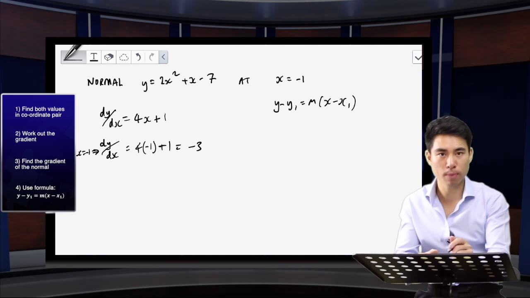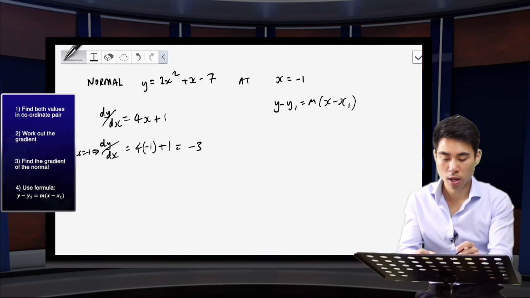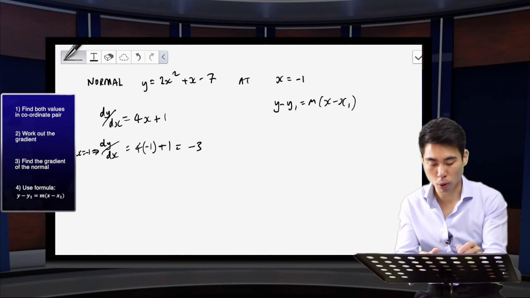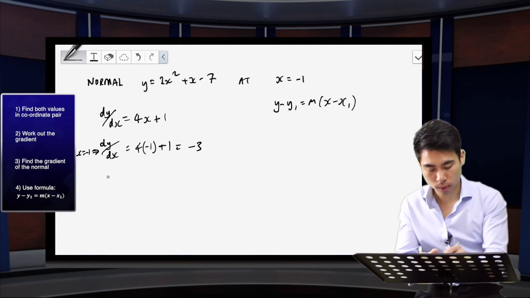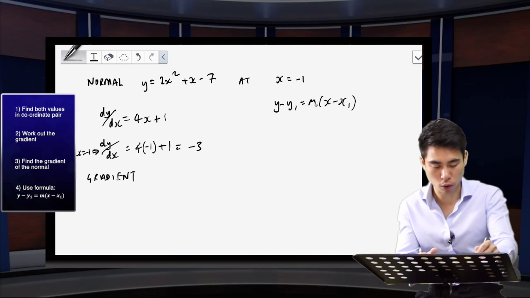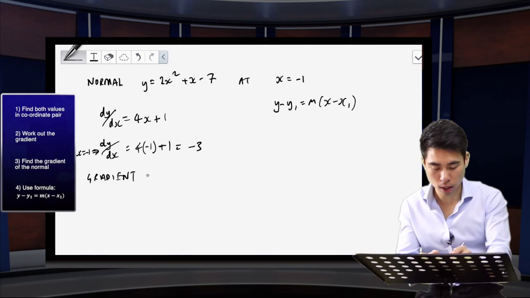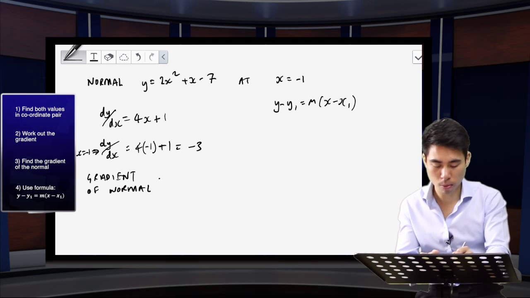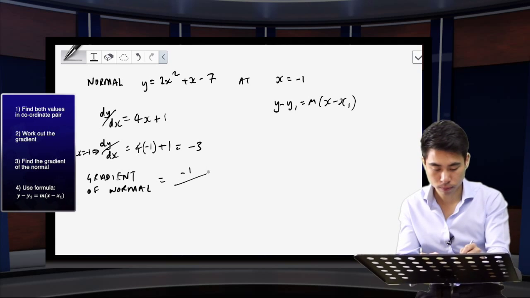We now need the perpendicular gradient to this, the gradient of the normal, which is what's going to go in this formula here in place of our m. The gradient of the normal is just going to be the negative reciprocal, i.e. I'm going to do -1 over our gradient here, which is -3.